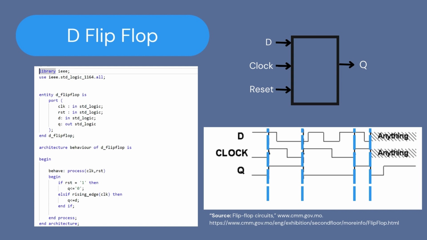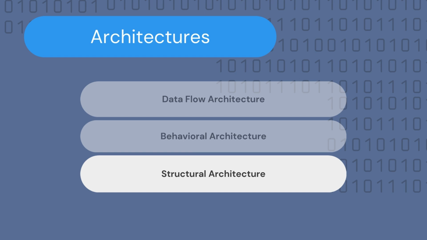Finally, the final type of architecture is the structural modeling or structural architecture. It is the way that defines the structure of a circuit through the combination of existing sets of VHDL models of certain circuits together to build a bigger circuit.